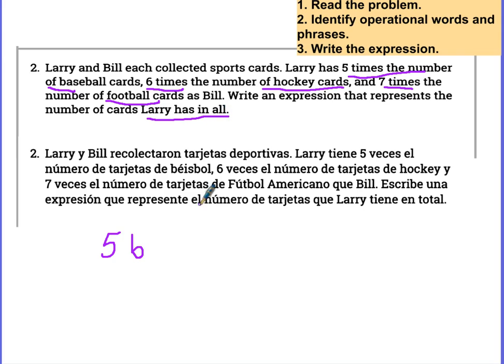I want to know in all, so I know I'm going to be adding these together. 6 times the number of hockey cards and 7 times the number of football cards. And now I have an expression that represents the number of cards Larry has in all. And I've translated from English to algebra.